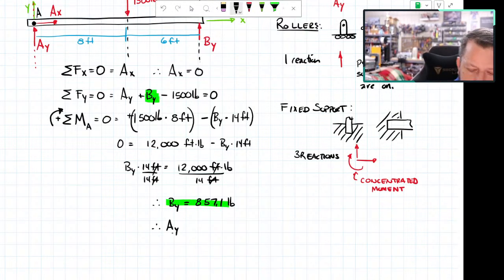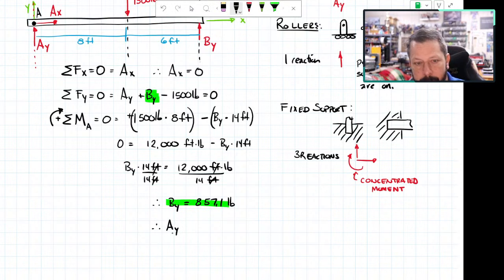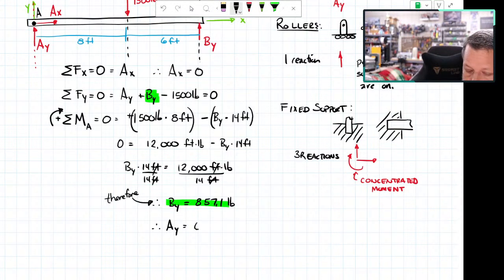These little dots, triangle dot thing, that means therefore. So AY is 1500 minus the 857, 642. So they're not equal, but they're, you know, similar.